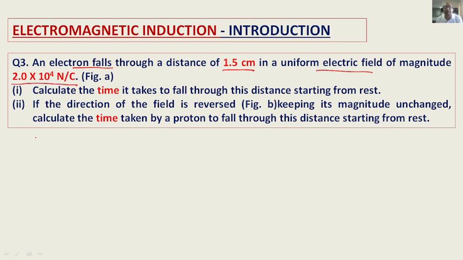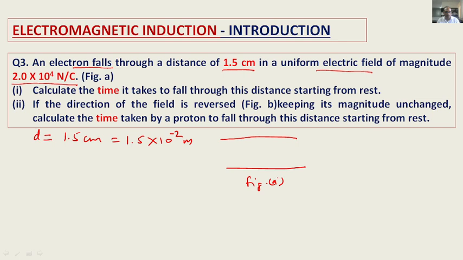So we are given the distance, in a uniform electric field, and a figure is also shown. The distance is 1.5 centimeter, which we can write as 1.5 into 10 power minus 2 meter, and figure A is given like this.